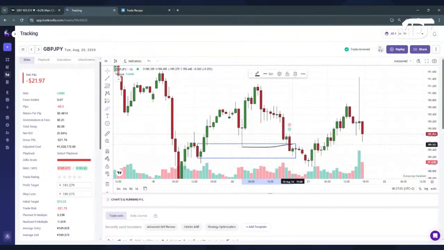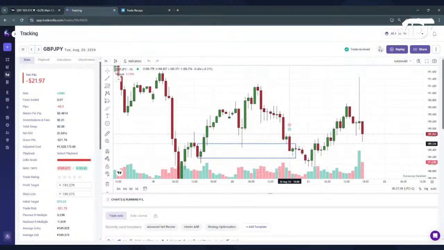We did clear this low here. I think it's more that we ran that liquidity, but you can see we reversed higher straight away.